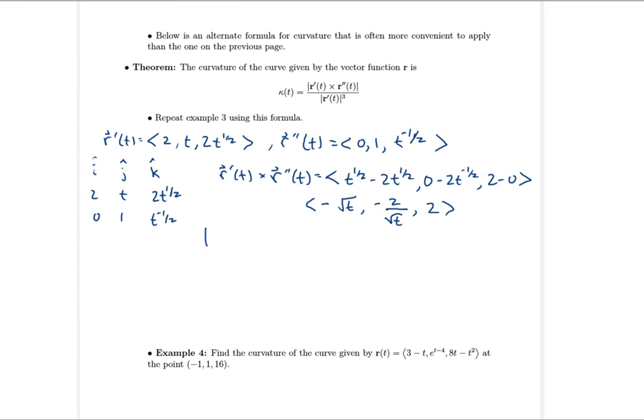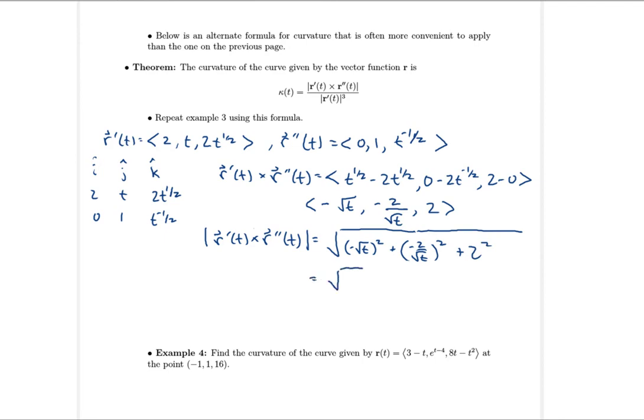So the magnitude of r prime cross r double prime, that'll be the square root of negative root t squared plus negative 2 over root t squared plus 2 squared, which is going to be the square root of t plus 4 over t plus 4.